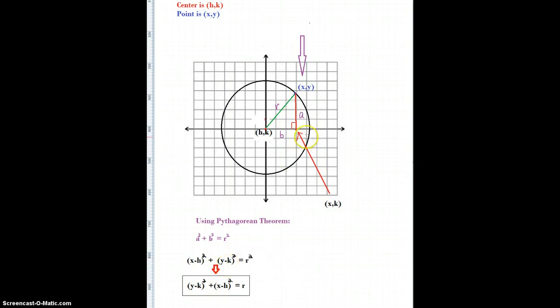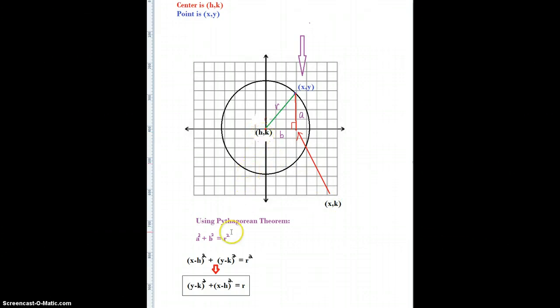Y minus k would be this a distance. What about b? B is the horizontal distance, so it's the first coordinate. So it's the difference between x, this horizontal coordinate, and h, this horizontal coordinate.